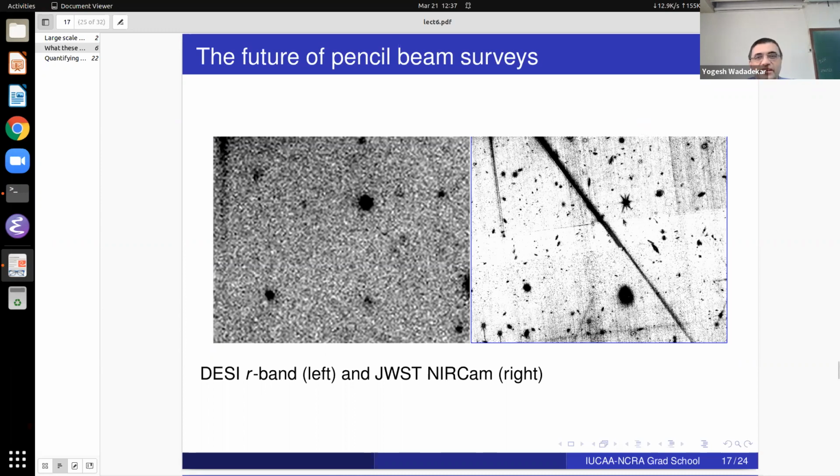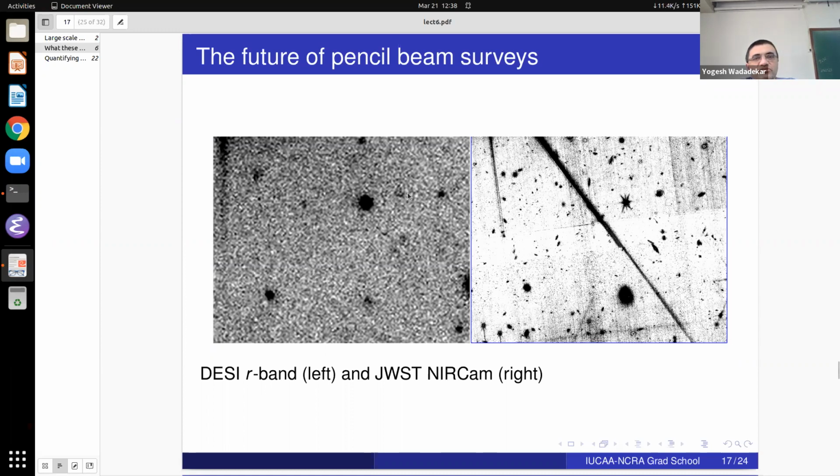But what you see here on the right is a portion of that bright star image; the spike is seen over here, that straight line. I downloaded the FITS version of this data, and I also downloaded imaging data from the DESI Legacy Survey. So on the left, you have a deeper than SDSS image of the same part of the sky that you see on the right.